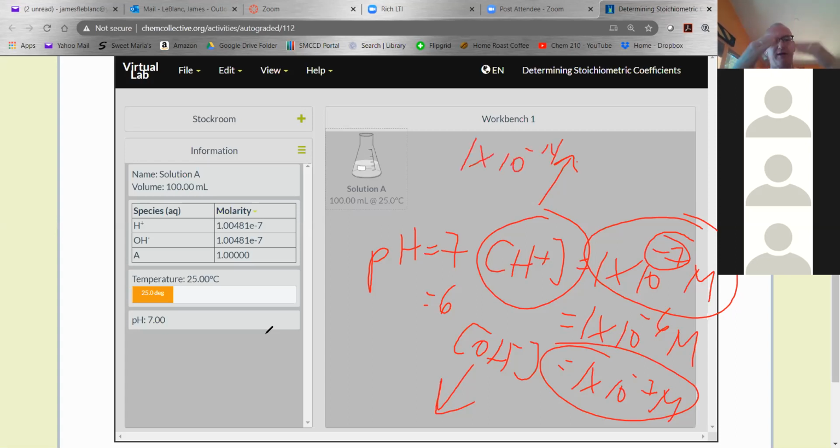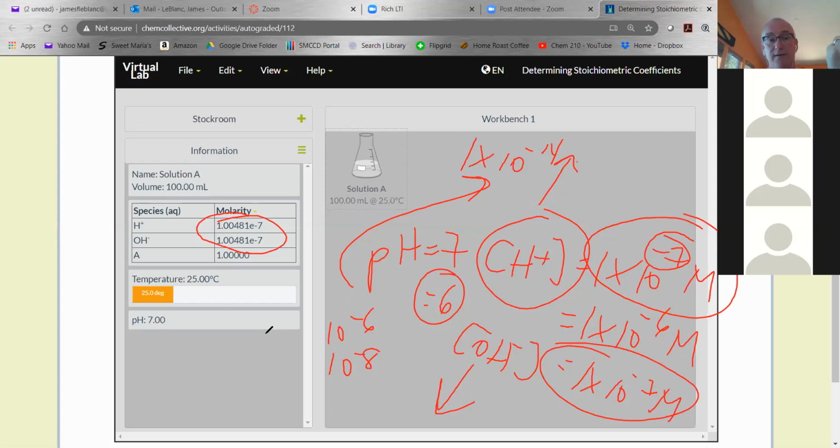So at pH 6, if the concentration of acid is 10 to the minus 6, my base has gone down to 10 to the minus 8. And when I multiply them together, I get 10 to the minus 14. So in a neutral solution of water, my concentrations of H plus and OH minus are identical.